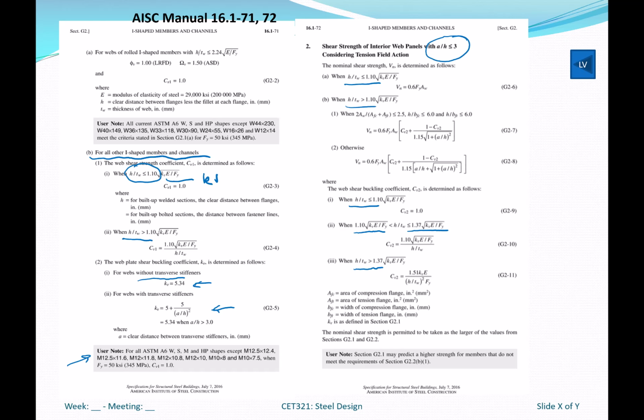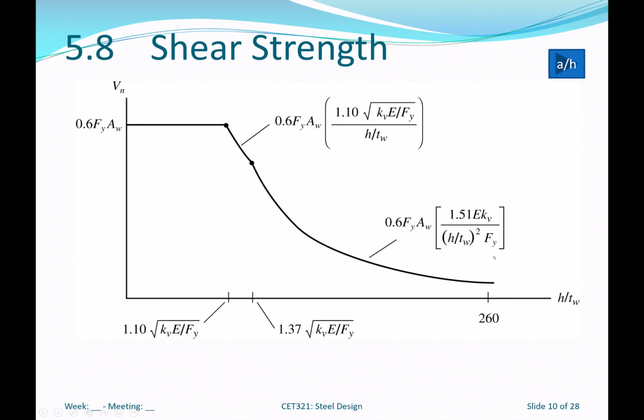Again, think of our b over t ratios for compact, non-compact, and slender beam elements, right? That really is what this ends up being. So here are these values.